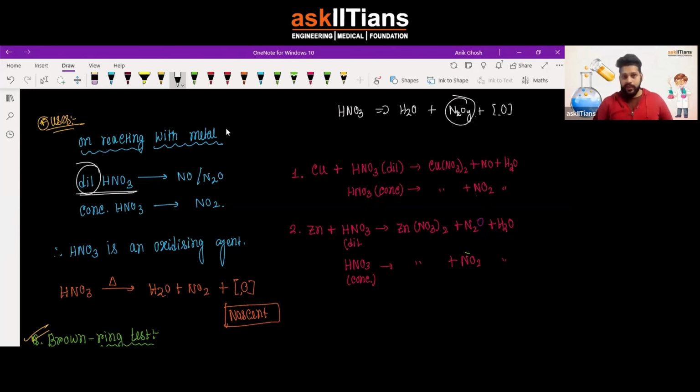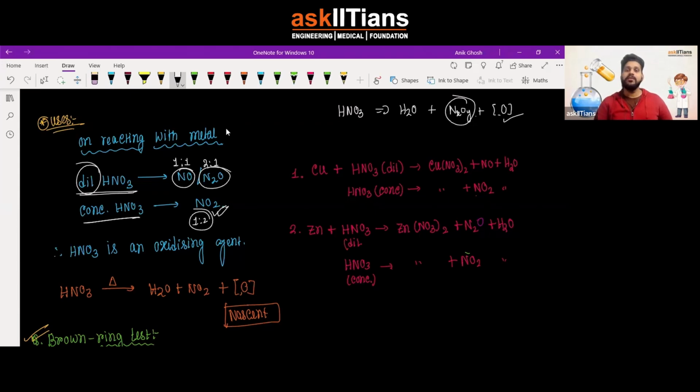If you have dilute nitric acid, then the supply of oxygen is limited, so you get NO or N2O. As you can see, the nitrogen to oxygen ratio is 1:1 or 2:1, so oxygen is less and nitrogen is more, correct? But when you have concentrated nitric acid, it is 1:2.